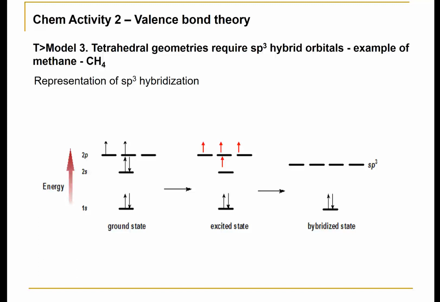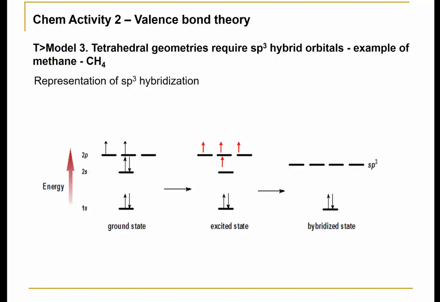Linus Pauling did some fancy math, and he anticipated that what occurs with this extra energy that's available is that four brand new orbitals are made from these original s and 2p orbitals. This process of forming brand new orbitals is called hybridization.